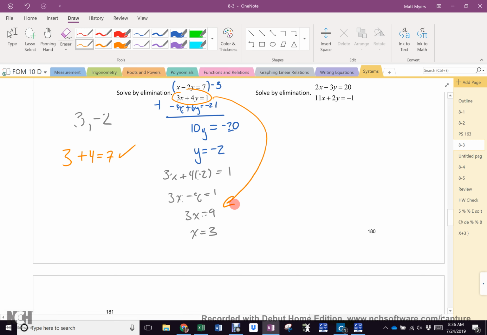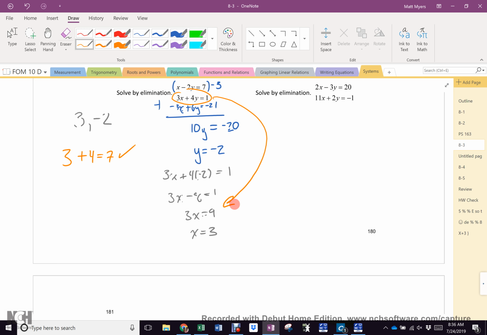All right. What's wrong with the third one? I have to multiply both, don't I? I need 2 new equations. What should I work with? 11 and 2 or 3 and 2?